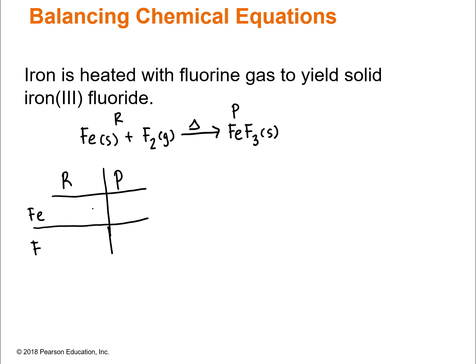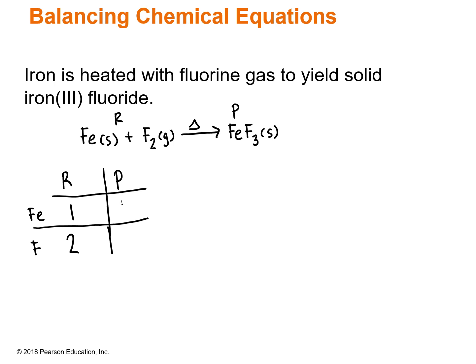On the reactant side, we've got 1 iron atom. How many fluorine atoms do we have on the reactant side? We've got 2.